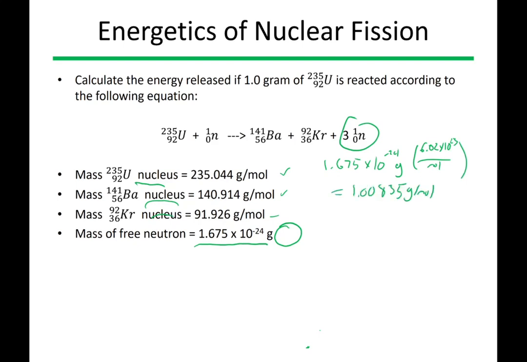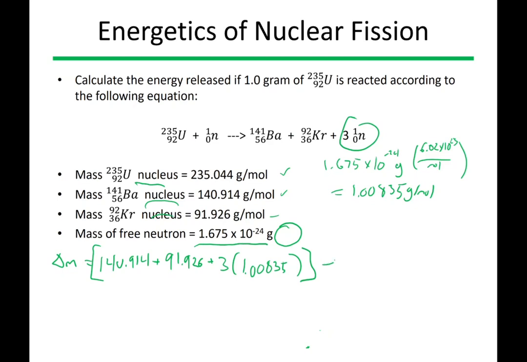Okay, so now that we have that, we can calculate the change in mass for this reaction. So this is going to be our products minus our reactants. For our products, we have the barium, and we have the krypton, and we have 3 of these neutrons, and then we want to subtract the mass of the reactants.